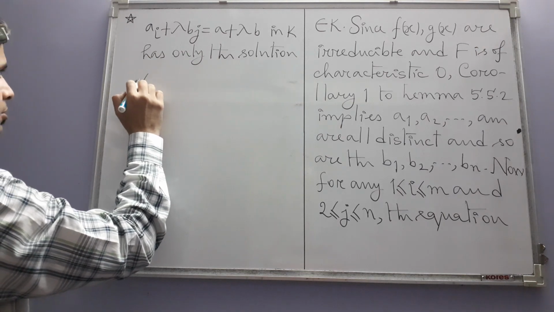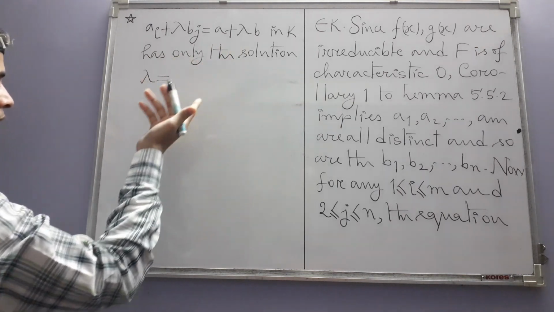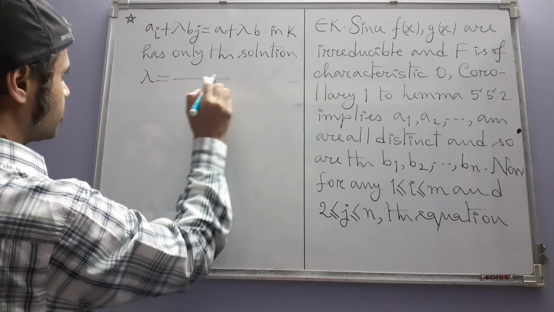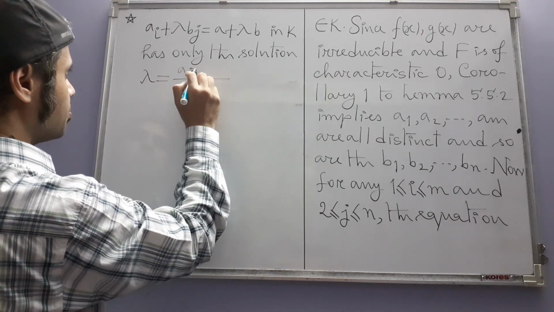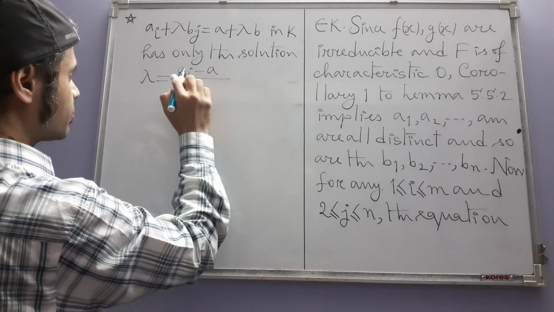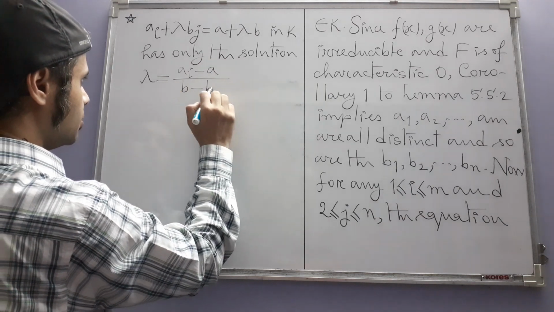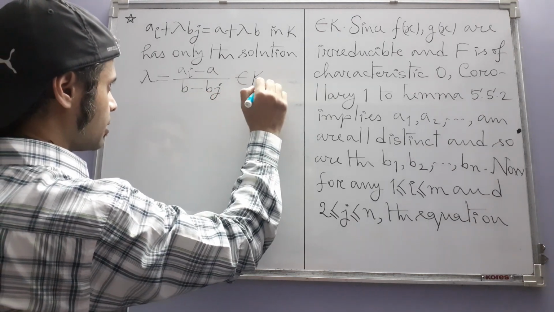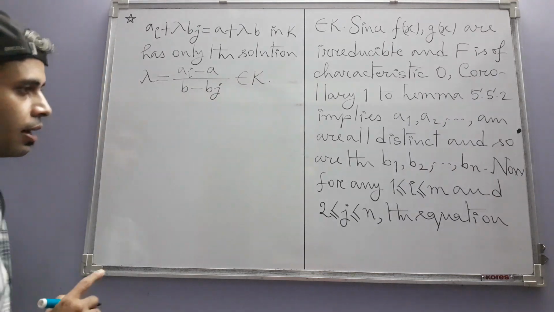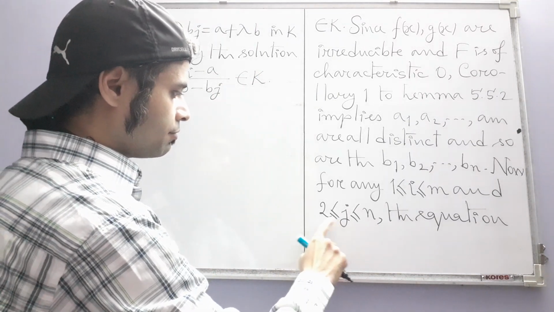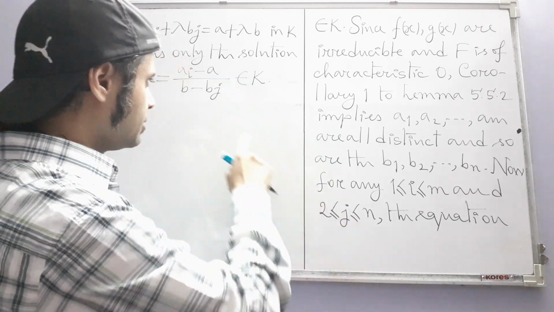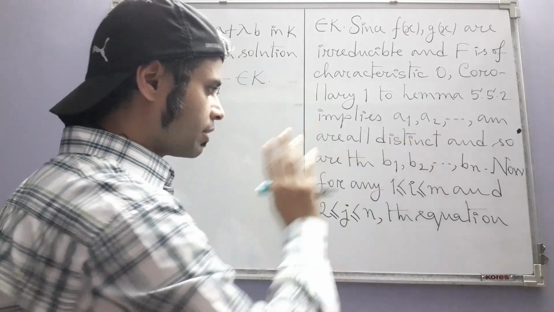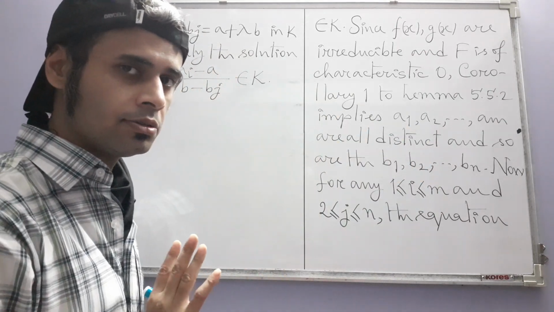If you just simply solve it, because you are in a field, you can just solve it as if these are real numbers. (a_i minus a) over (b minus b_j) as the only solution, and this of course is again in K. You realize that we have taken j from 2. j not equal to 1 means b_j is not equal to b_1, and the distinctness of the b_j's allows this to happen.